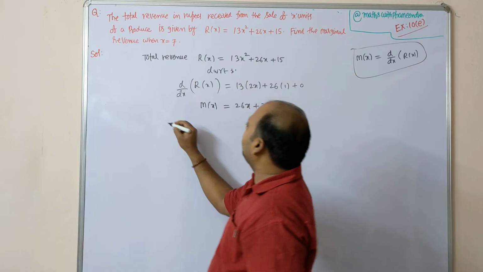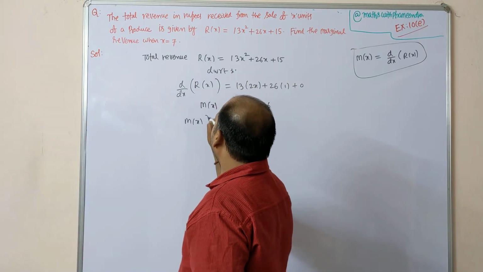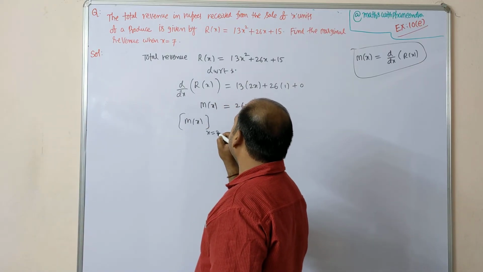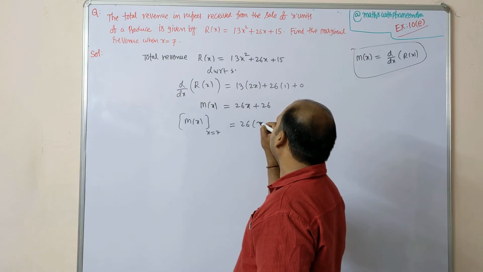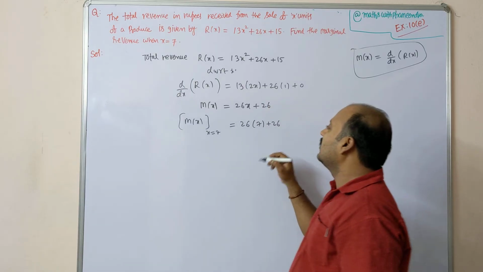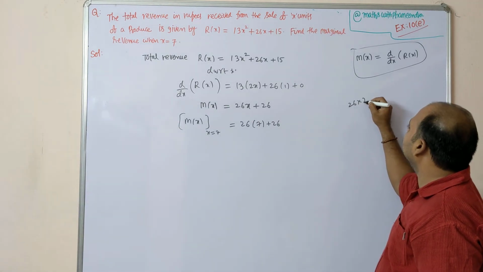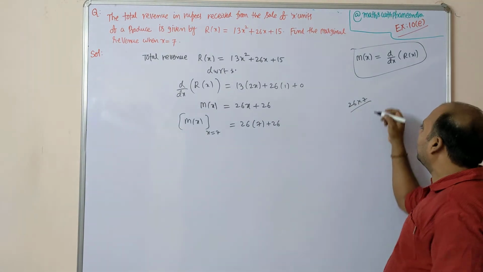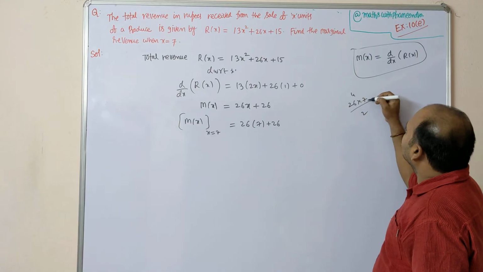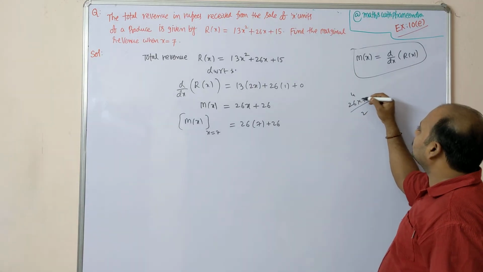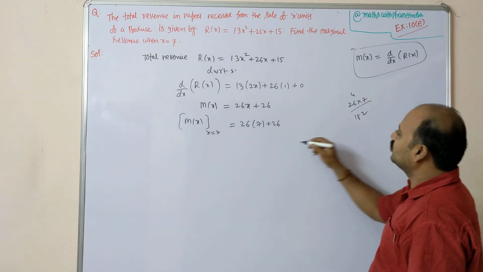When x is equal to 7, M(x) is 26 into 7 plus 26. We can multiply and get it. 26 into 7, 7 sixes are 42, 7 twos are 14, so 182.